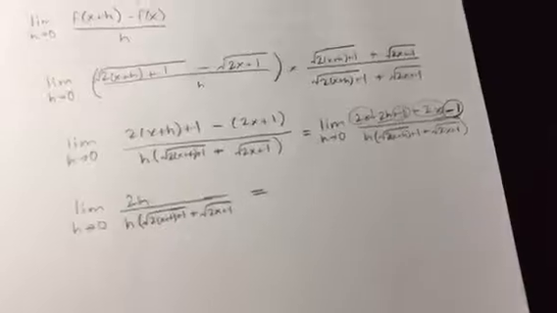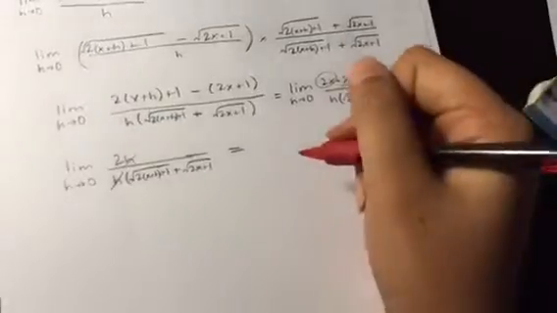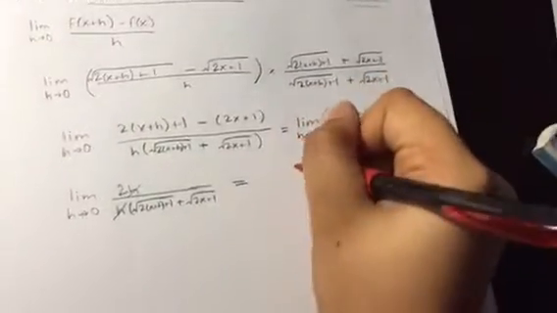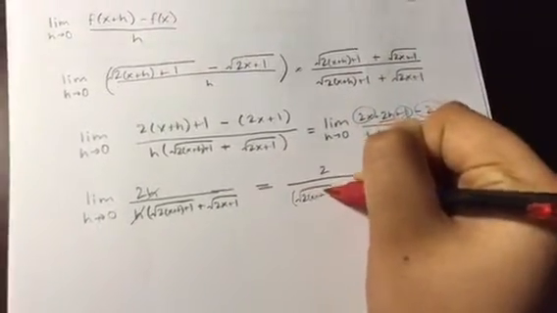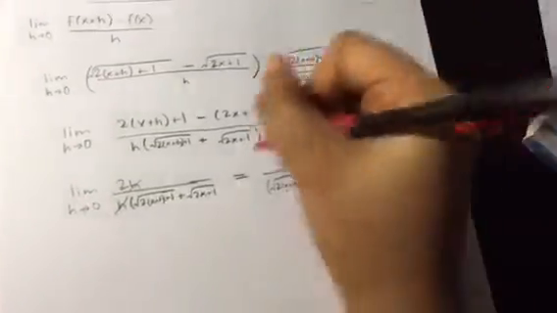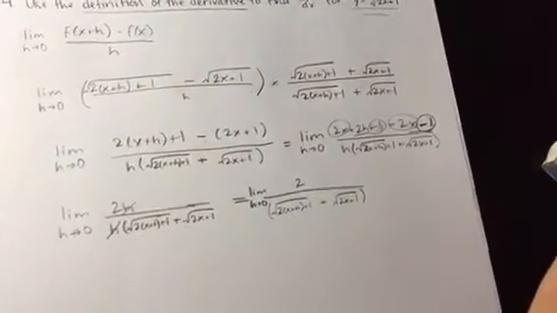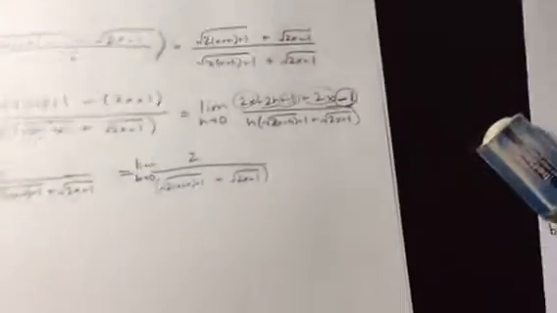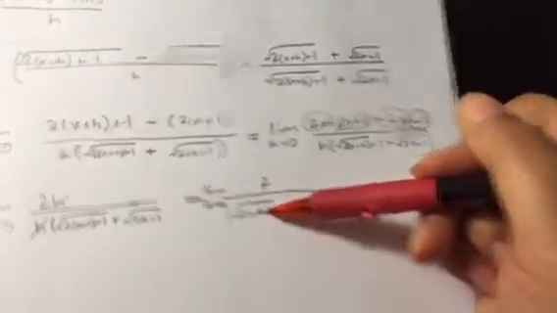And then from this, you can cancel out this h and this h, so that you're left with 2 over the square root of 2x plus h plus 1 plus the square root of 2x plus 1, limit as h approaching 0. And then from here, with whatever h's you have left, since h is approaching 0, you're going to plug in 0 for these h's.